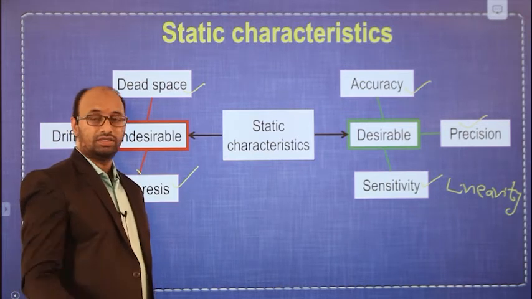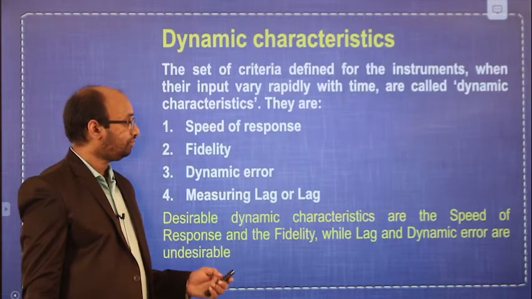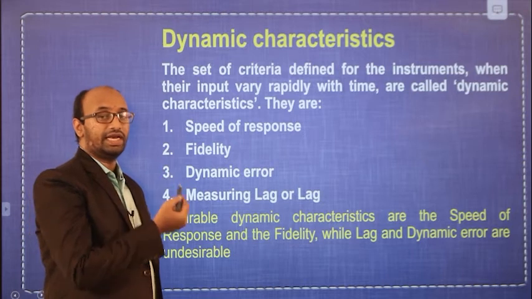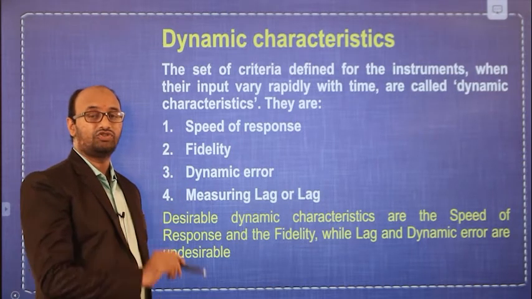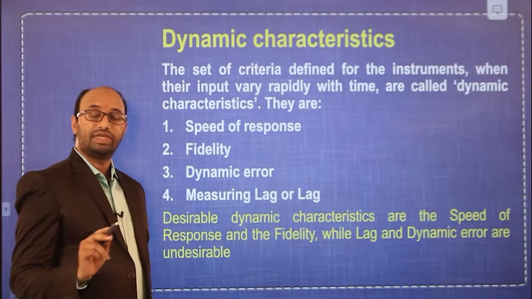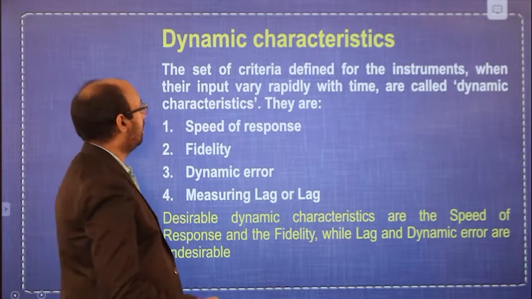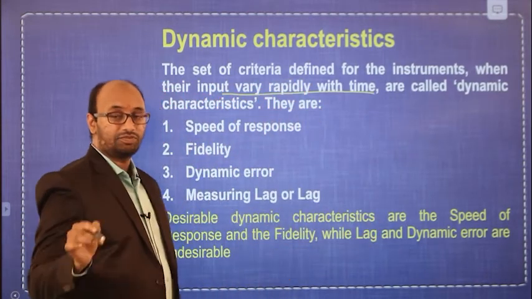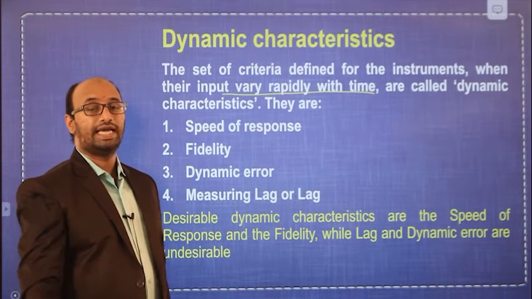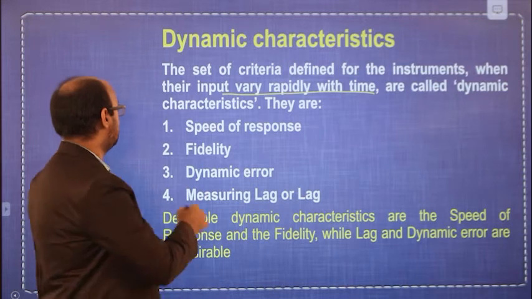Now let us get into the dynamic characteristics. These dynamic characteristics are the set of characteristics defined for the instrument when the quantity being measured by the instrument changes with time. So when the input quantity rapidly varies with time, the characteristics possessed by the instrument are called dynamic characteristics. And there are 4 different dynamic characteristics.